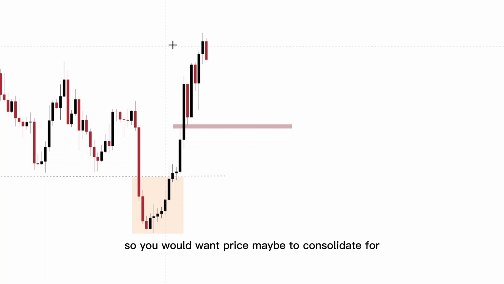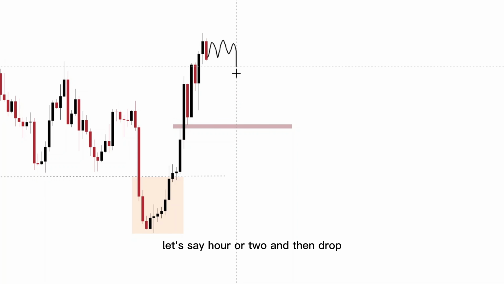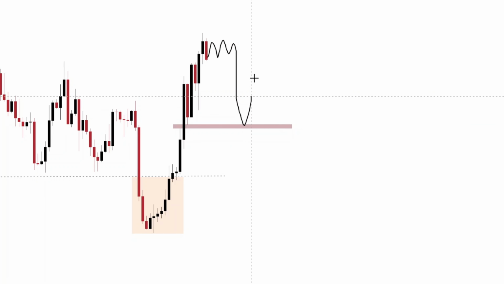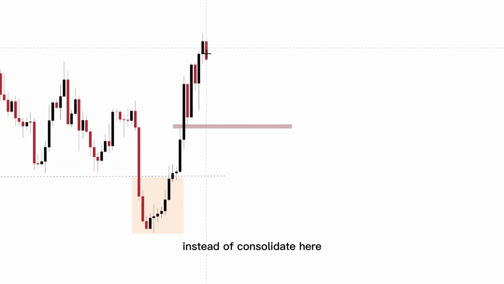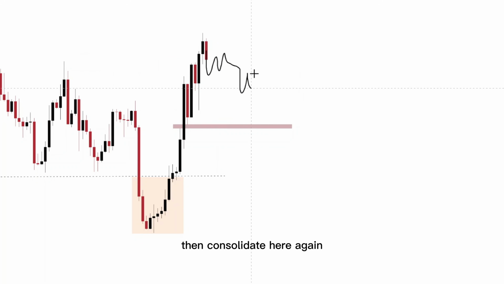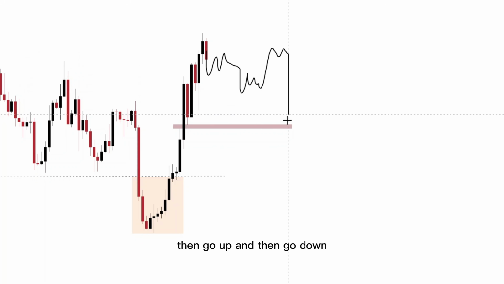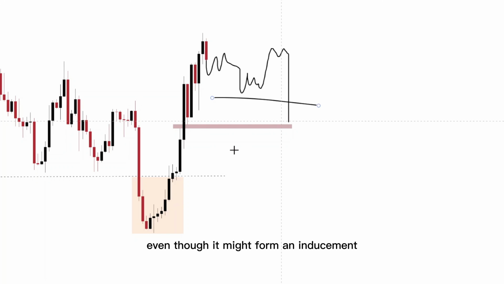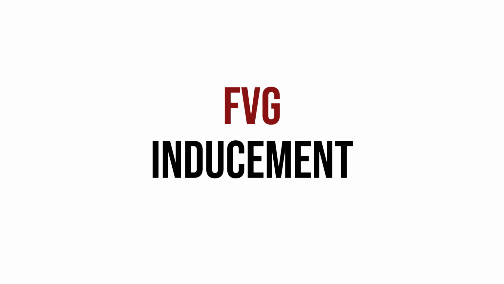So you would want price maybe to consolidate for, let's say, an hour or two, and then drop, instead of consolidating here, then consolidating here again, then going up and then going down. Even though it might form an inducement, preferably with an overlap projection, you would want a direct approach.